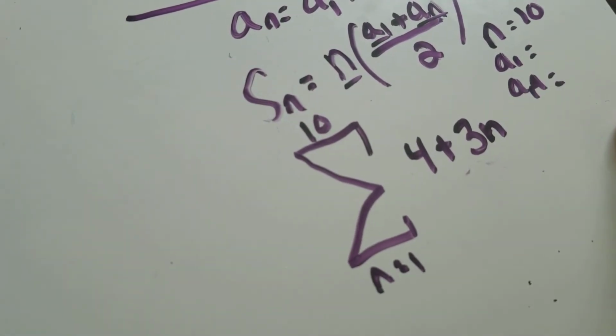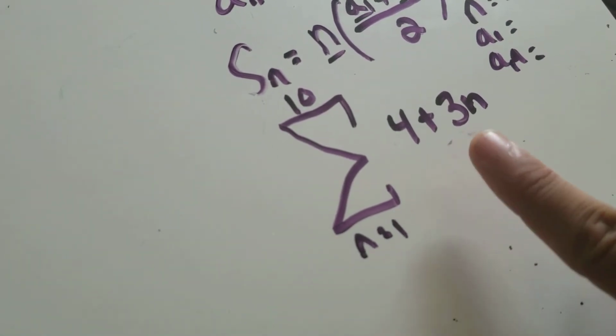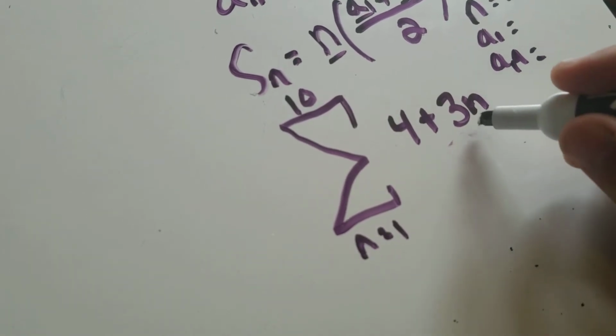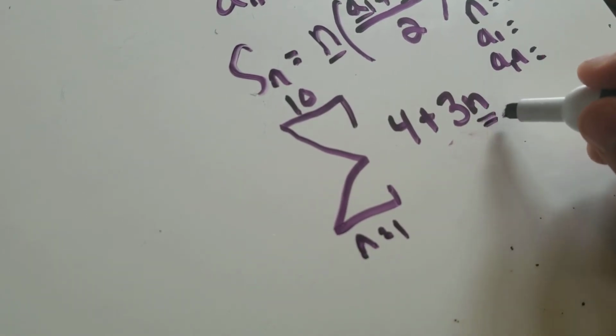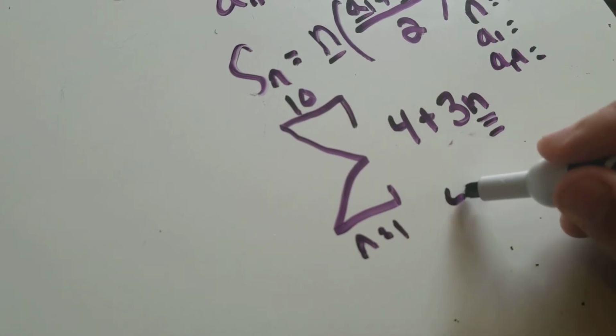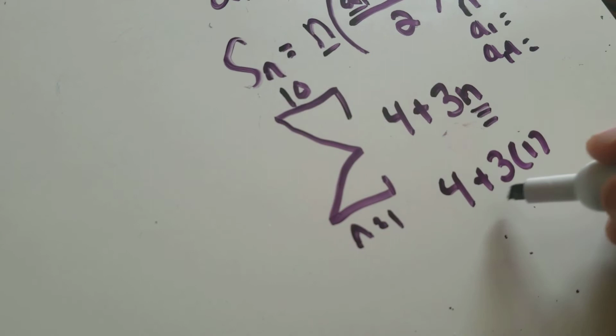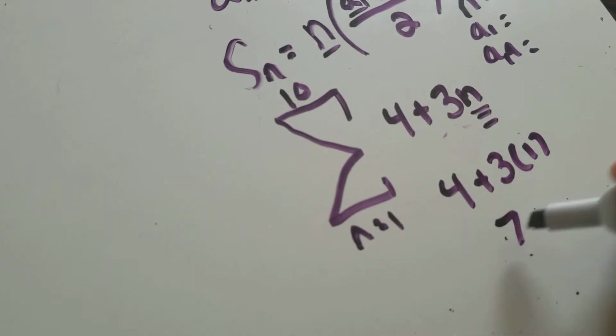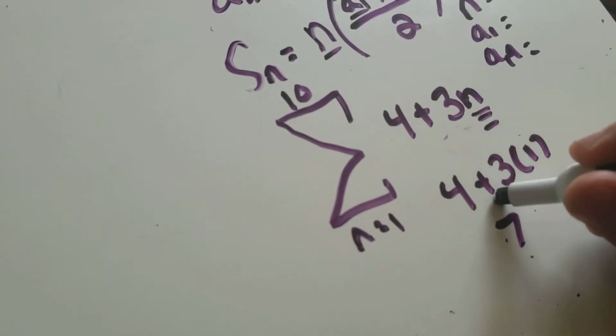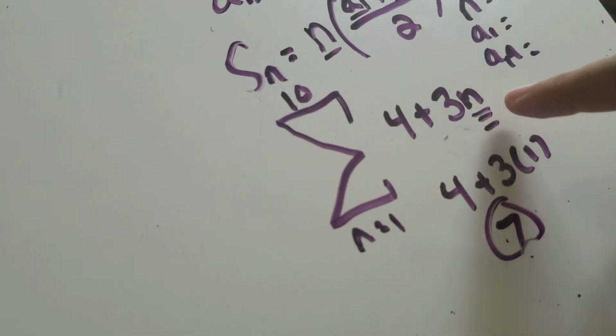What does a of 1 mean? That's how much it is on the first term. So I plug in 1 here: 4 plus 3 times 1. 4 plus 3 is 7. So my first term is 7.